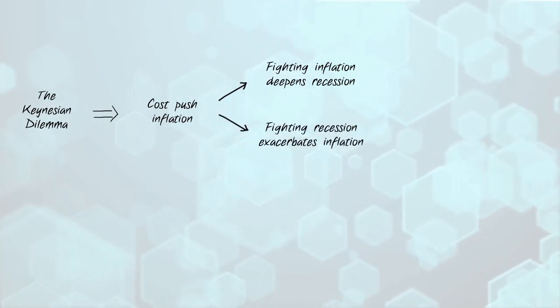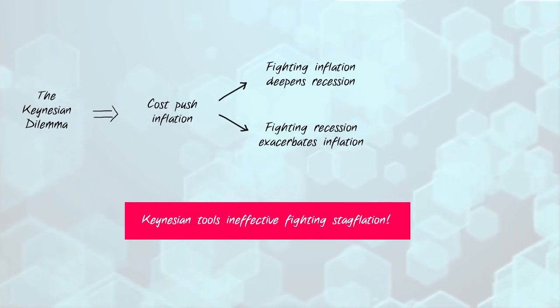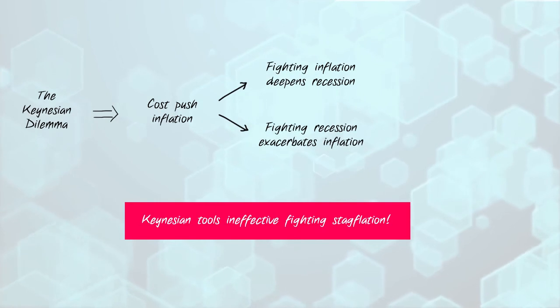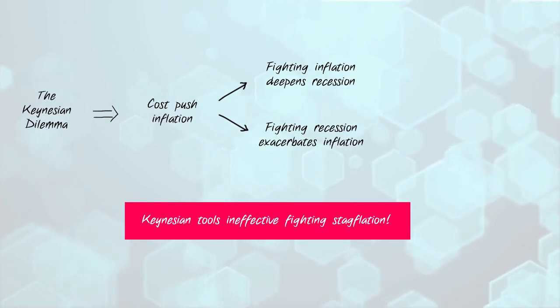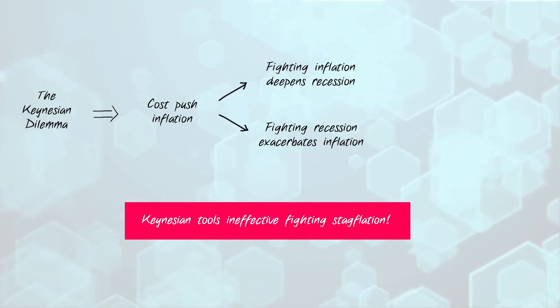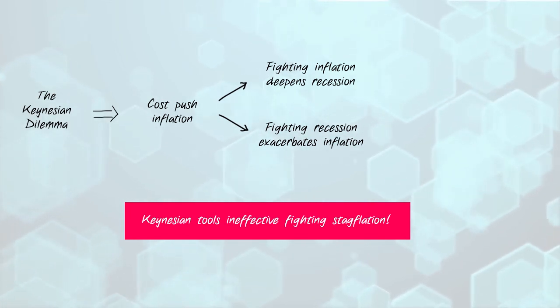This means that Keynesian discretionary policy tools can only be used to solve half of the stagflation problem at any one time, rendering Keynesian fiscal and monetary policy ineffective in the face of stagflation. To better understand the failure of Keynesian activism in a world of stagflation, we have to delve more deeply in our next module into modern inflation theory and the mystery of the Phillips curve.